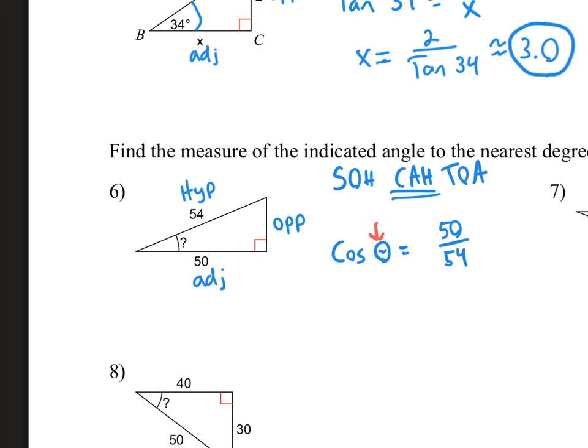And when we do that, it will change to arc cosine. So cosine -1, and then it's 50 over 54. So the arc cosine of 50 over 54, and you can do that on your calculator all in one step.